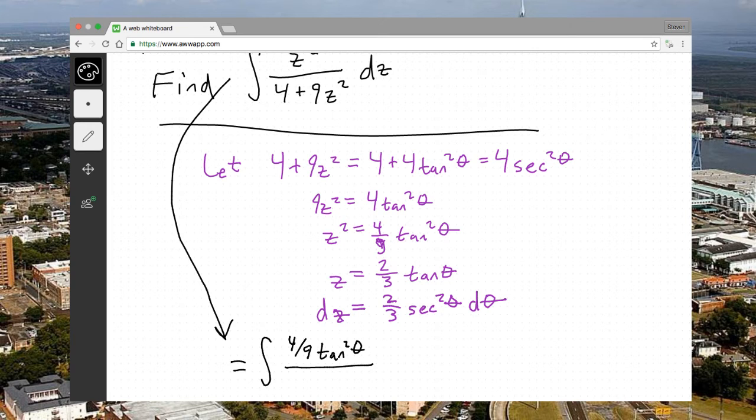The first line tells me that that's 4 secant squared of theta. Finally, dz is equal to 2/3 secant squared of theta d theta.